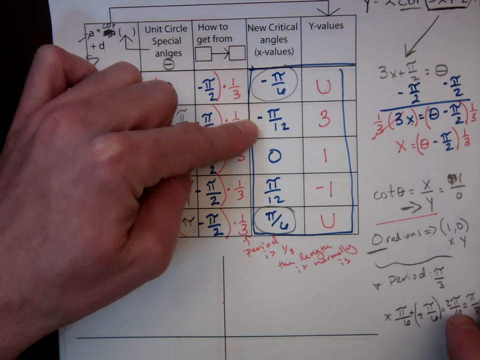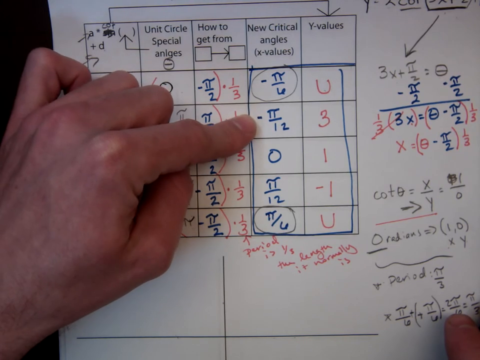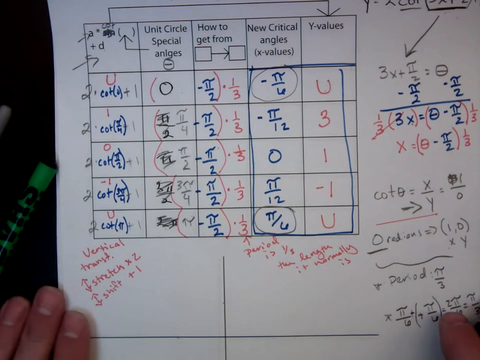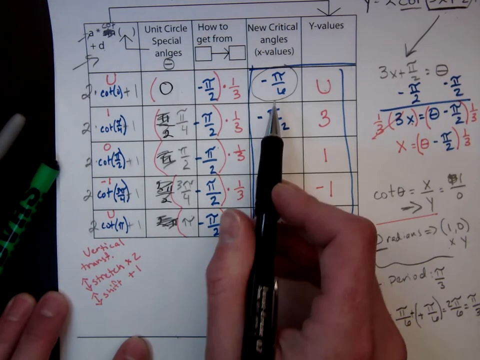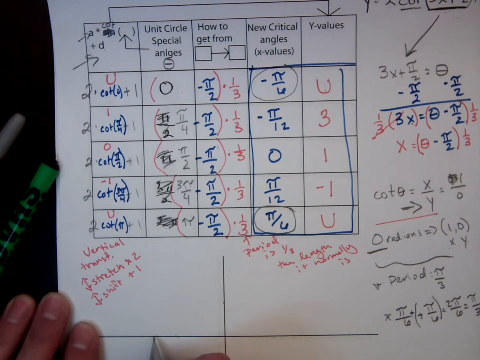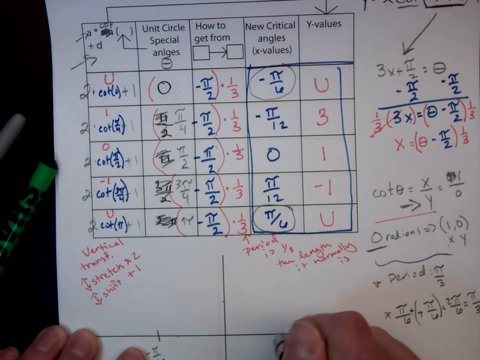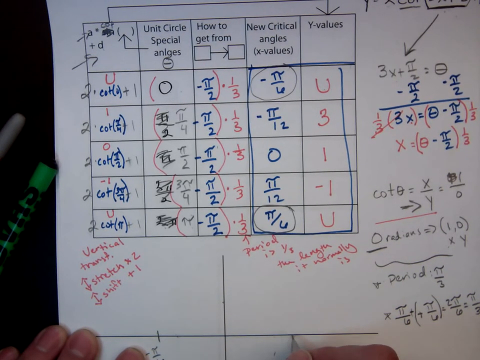This might be a little hard to tell by negative pi over 12. Another way to look at it is I'm going to go from negative pi over 6, maybe right about here, all the way up to pi over 6, and those are obviously the same distance from the origin.